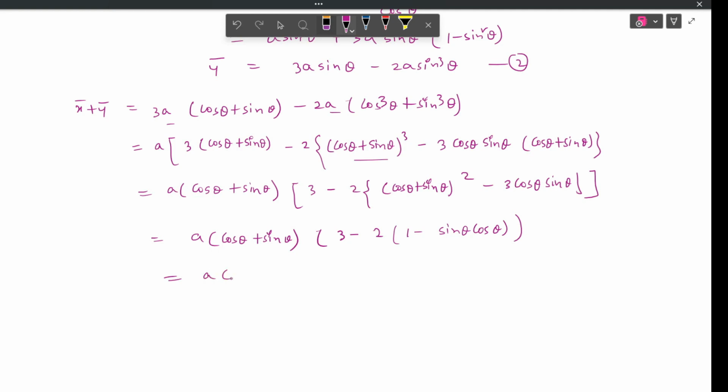So this would be a cos theta plus sin theta into 1 plus twice sin theta cos theta. So this would be a plus b whole cube, because we know the formula a plus b into a square plus ab plus b square.